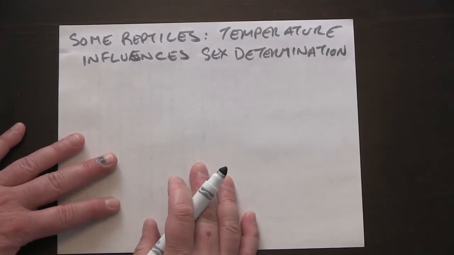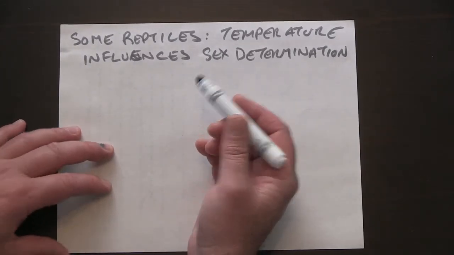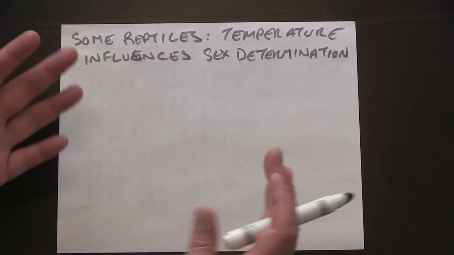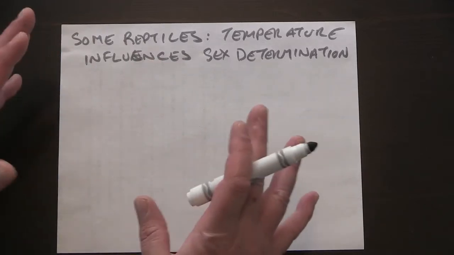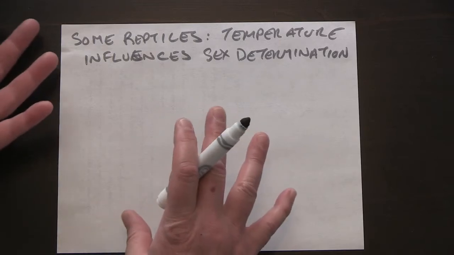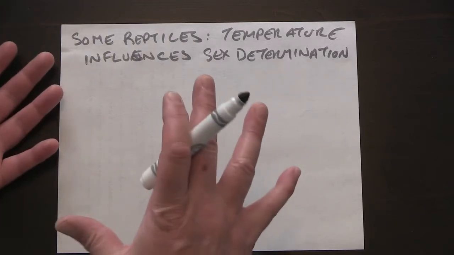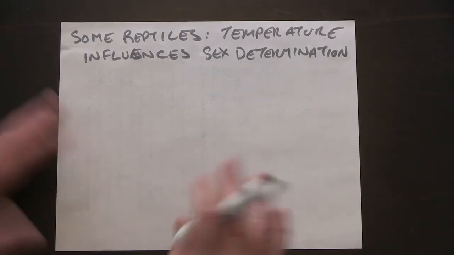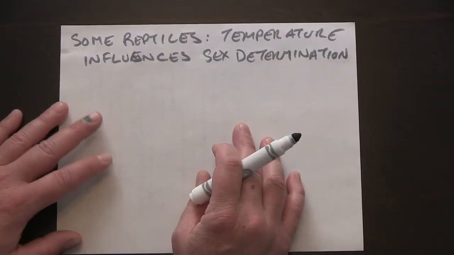And I can't remember which direction. Basically, say a crocodile will lay its eggs in a pit and then bury them up. Again, I can't remember which way it is, but if it's a colder temperature, then they'll grow up to be males, for example. Or if the soil happens to be warmer, then they'll grow up to be females. Again, I don't know if it's the other way around or not, but that's how it works.